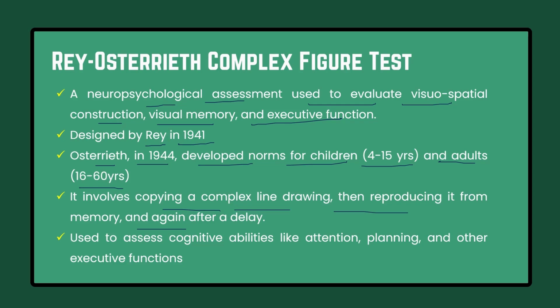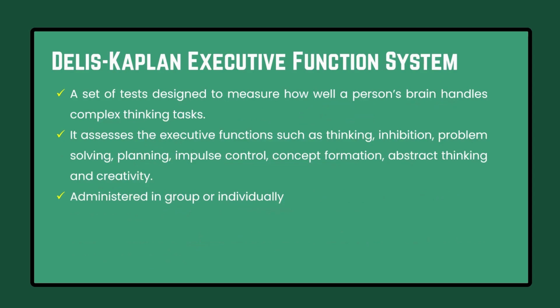Okay. So this test is used to assess cognitive abilities like attention, how much attention you have given to the drawing while you were doing it, planning, and other executive functions. So that was the Rey-Osterrieth Complex Figure Test, where you are using a complex figure to see the visuospatial construction, visual memory, and executive function.